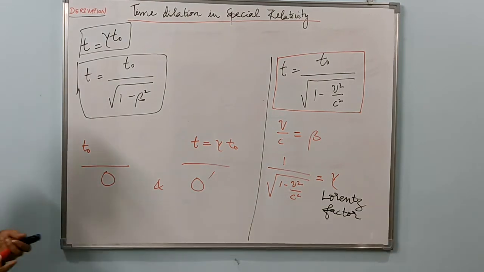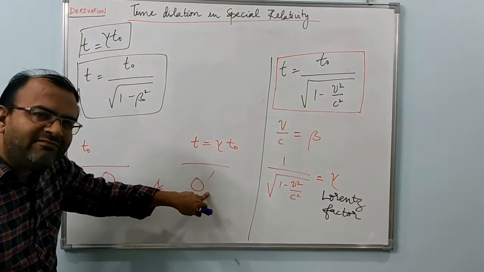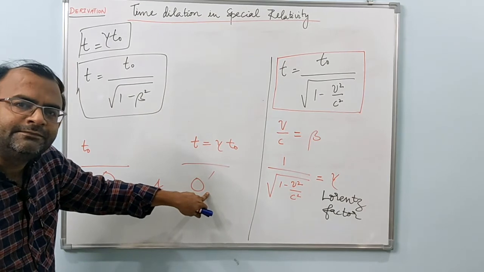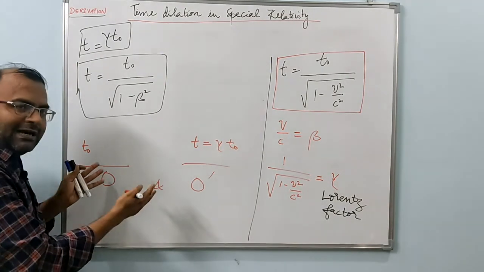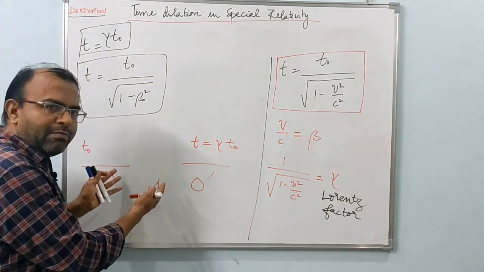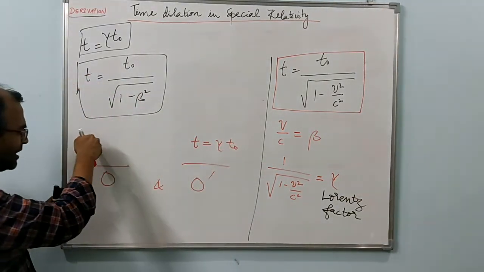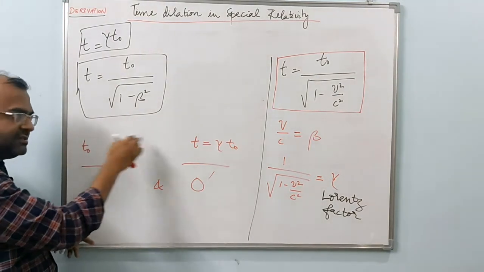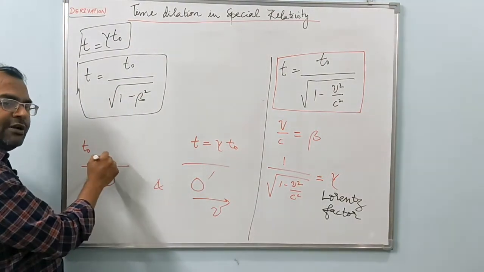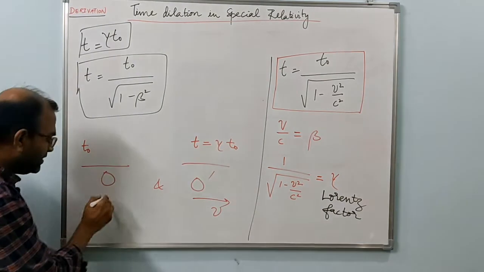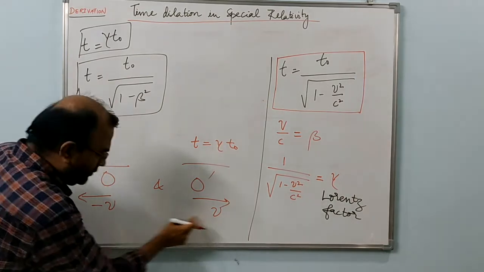Now the question is, what about observer O prime's measurement? That means my question is, is there some kind of symmetry between the measurements of O and O prime? That is, if O prime tries to measure the clock of O, because he is also in relative motion with respect to O, so if he tries to measure according to his frame of reference, O is in motion in the opposite direction with the same velocity.